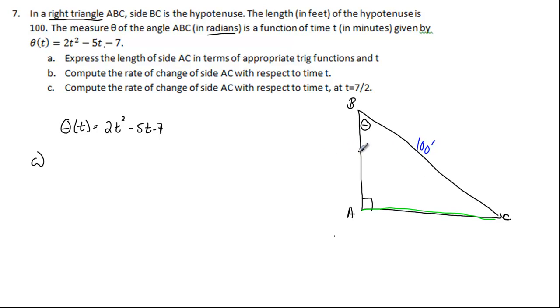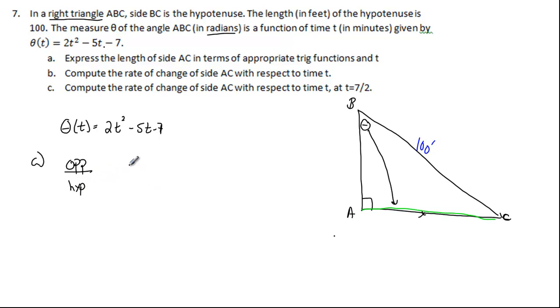So I know that I don't want to relate it to my length AB because I don't know what AB is right now. How can I relate AC, my angle theta, and this constant hypotenuse? So if we recognize this leg is opposite of my angle theta, and the hypotenuse is 100.